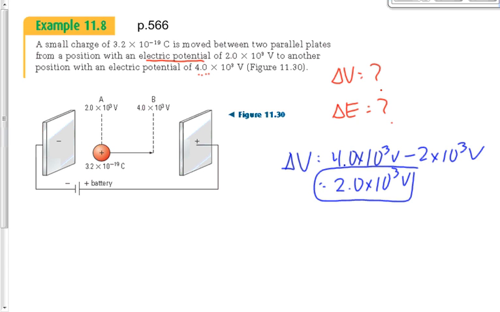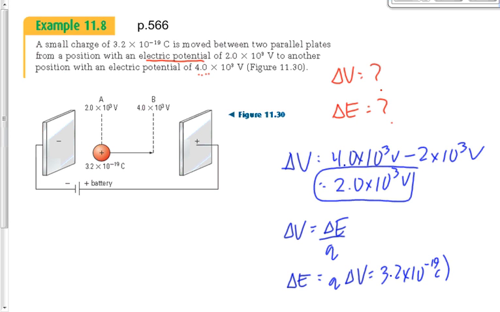Now, we're looking for the gain in potential energy. Be careful here. It's not 2 times 10 to the 3. That's the gain in potential. The gain in potential energy is going to be found by using the other equation for potential difference, rearranging it, and getting Q times delta V. So the charge here, we're given as 3.2 times 10 to the minus 19 times the potential difference.